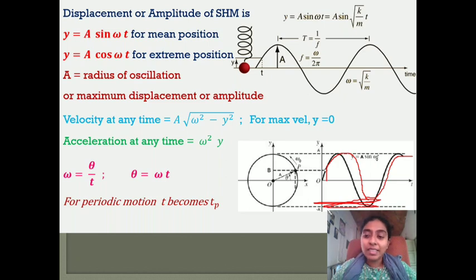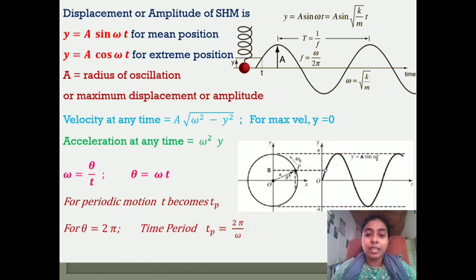So for that time period, theta is equal to 2 pi. That means for one complete cycle, the displacement theta should be equal to 360 degrees, that is 2 pi. So for one complete oscillation, one complete harmonic motion, your time period Tp will be equal to 2 pi by omega.